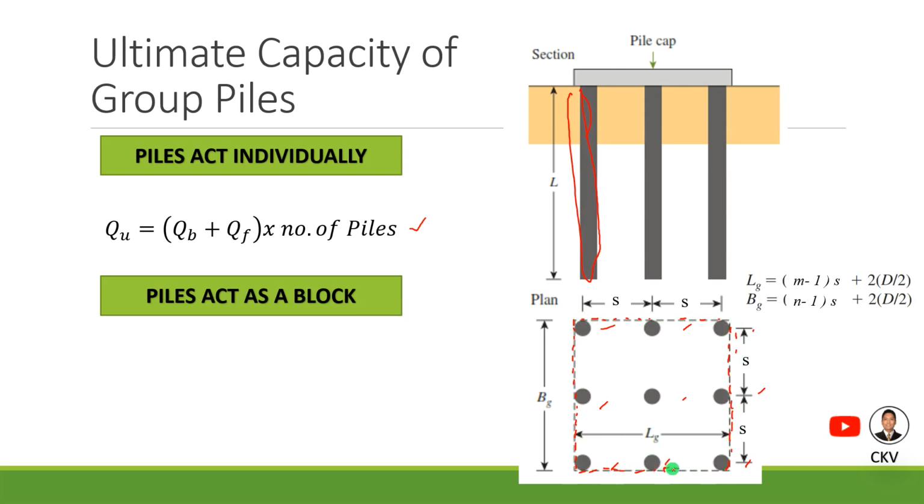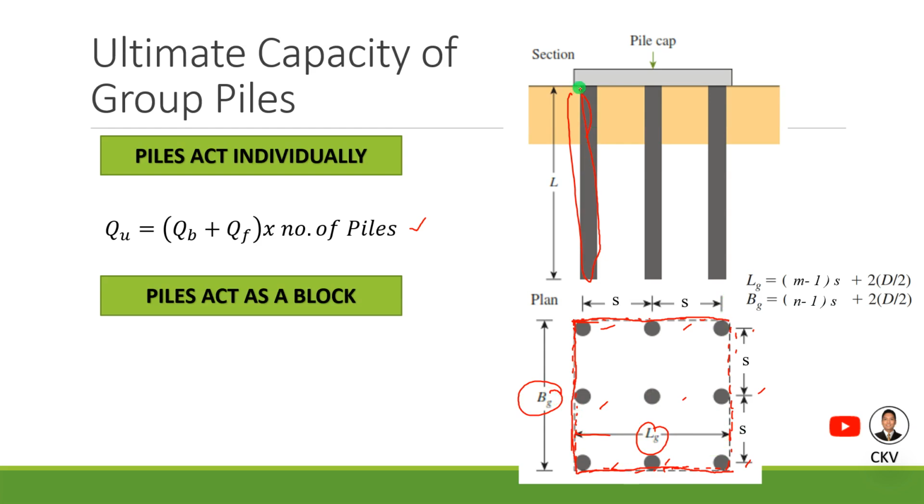We can form a rectangle or a square based on this group of piles. That will be the block for this group of piles. That's why we need the dimensions, this one BG and this LG. That's the edge to edge dimension for this rectangular shape, which is formed from this group of piles.